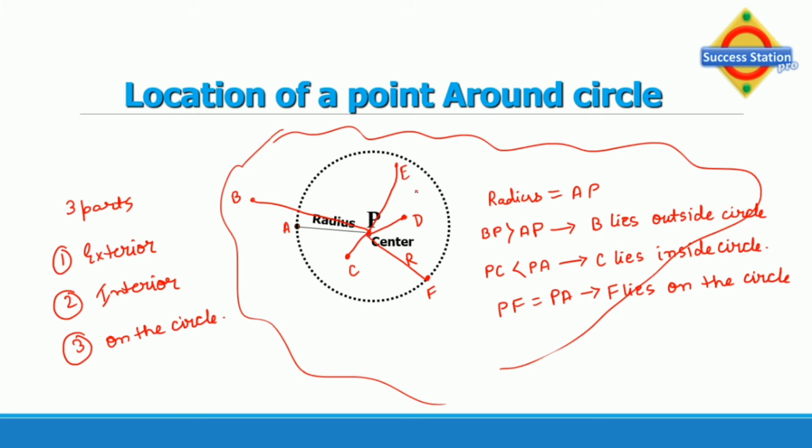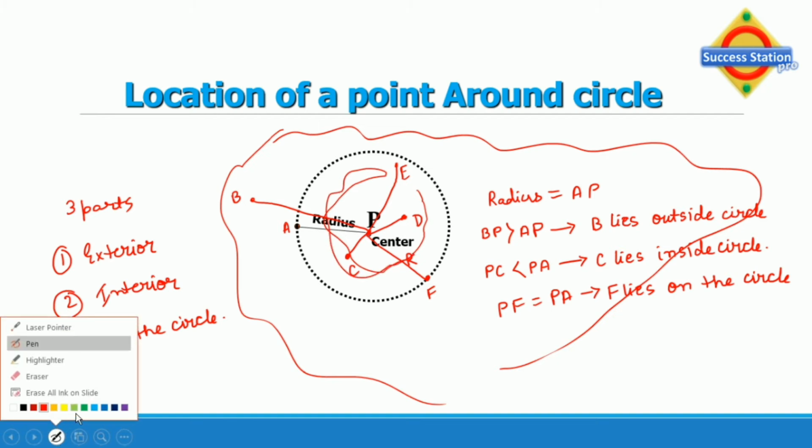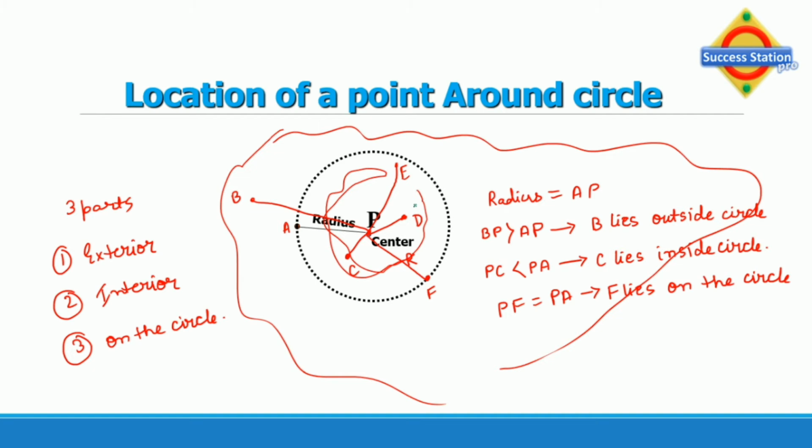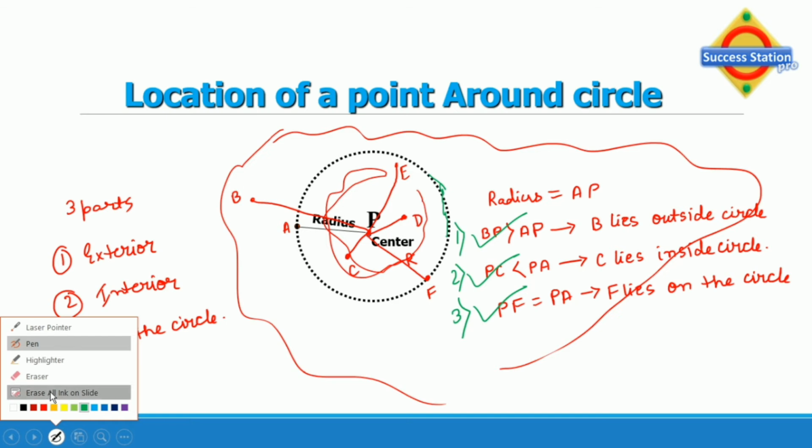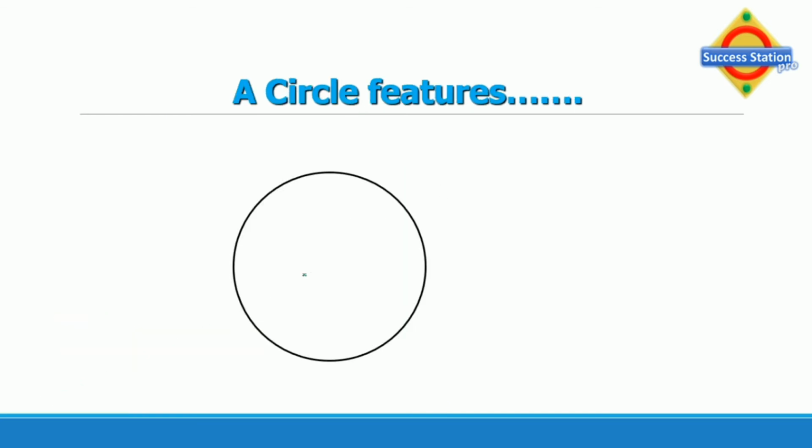But any point inside the circle, this whole area, anywhere, will have less, right? And if all the points are here, it will be equal to the radius, right? So these are necessary conditions. 1, 2, 3, right? So that's what, right? Let's move.